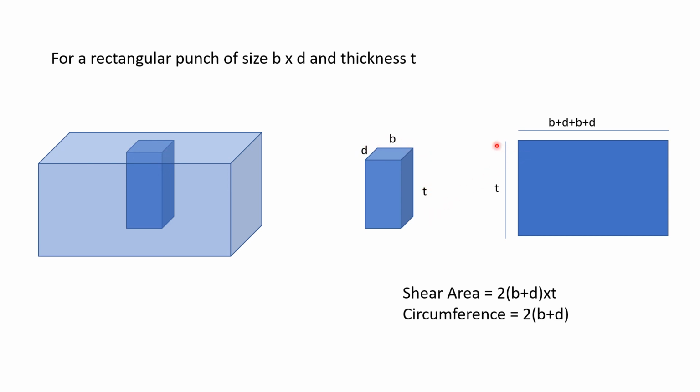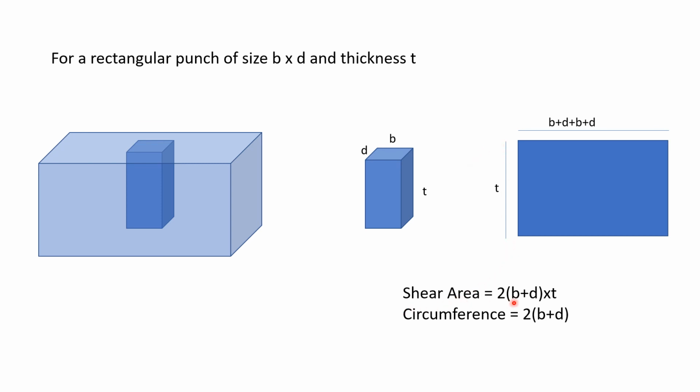Now the perimeter of this rectangle will be b plus d plus b plus d. So this is b here, again b on this side, d here and d here. This is the straight length which is getting cut, and this is the thickness.